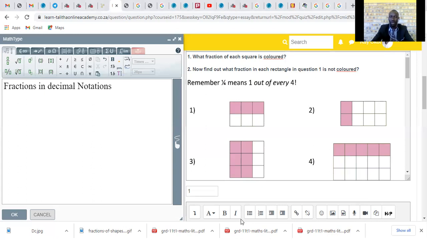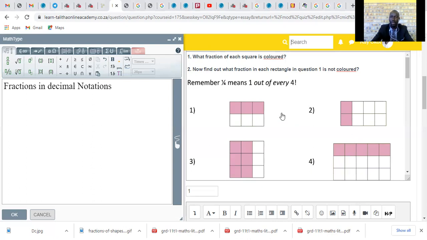But before we get into fractions in decimal notation, we want to see how we generate these fractions. How do we even write them? We are going to use this table, which I have drawn here, having these boxes or squares, some colored and others not colored.